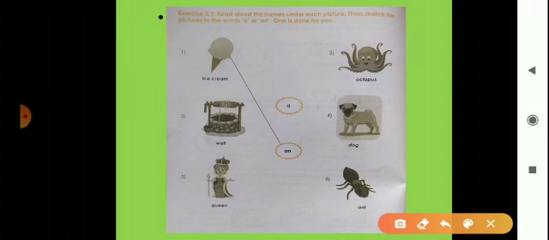Number 2. First is ice cream, which is matched with an because I is a vowel sound. Ice cream. I is a vowel and it has a vowel sound, so it joins with an. Then second is octopus. O-C-T-O-P-U-S, octopus, and it starts with O, which is a vowel sound. So we will join this octopus with an.